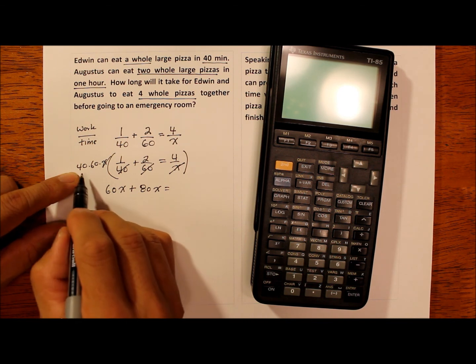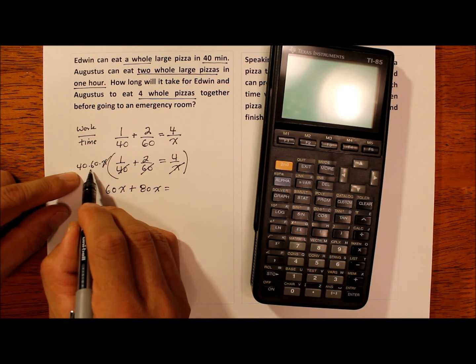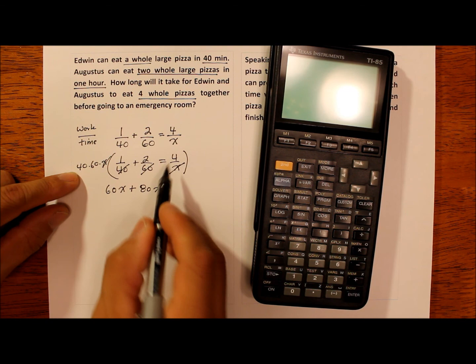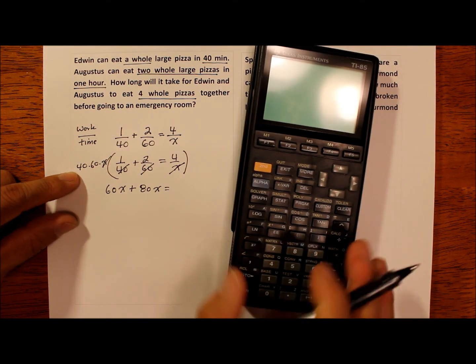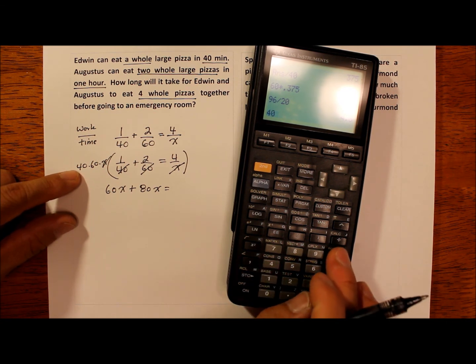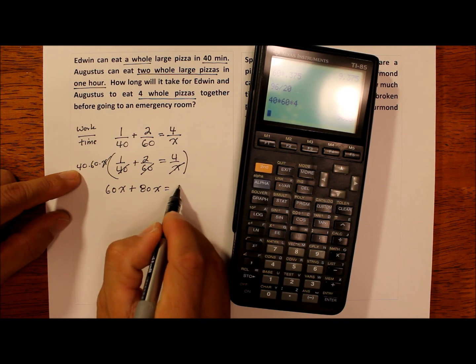Now I could do this in my head. 40 times 60 is 2400 times 4, and that's going to be what, 5600 or something like that? But I want to check it with my calculator. Work smart, not hard. So 40 times 60 times the 4. 9600.